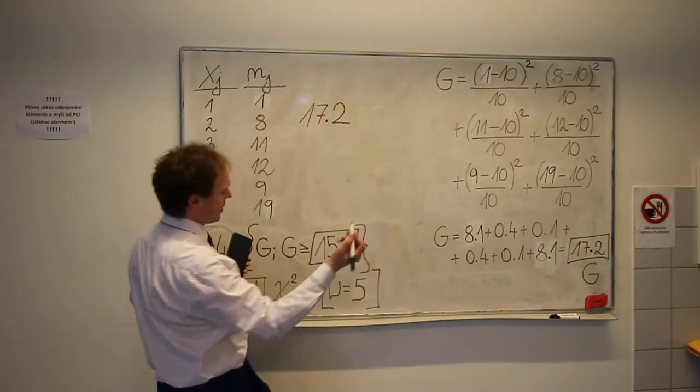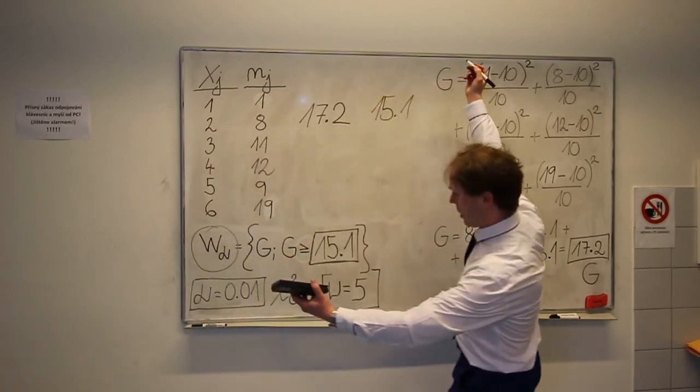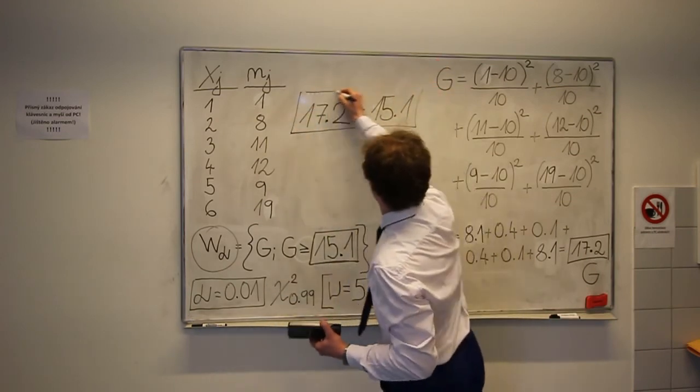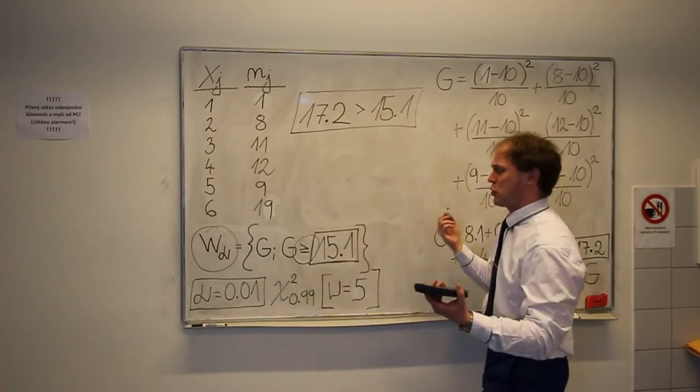So we can compare 17.2 with the critical quantile 15.1. This is higher. So this inequality in the case of the rejection region is true.